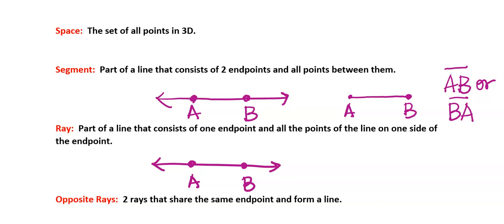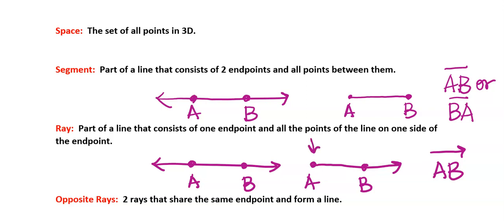So here's one example. If I take this part of the picture, I would name this one Ray AB. Now, the one specific thing that you need here is the point needs to be listed first. You cannot name B first because that's not where this ray starts. It starts at A and keeps going to the right.